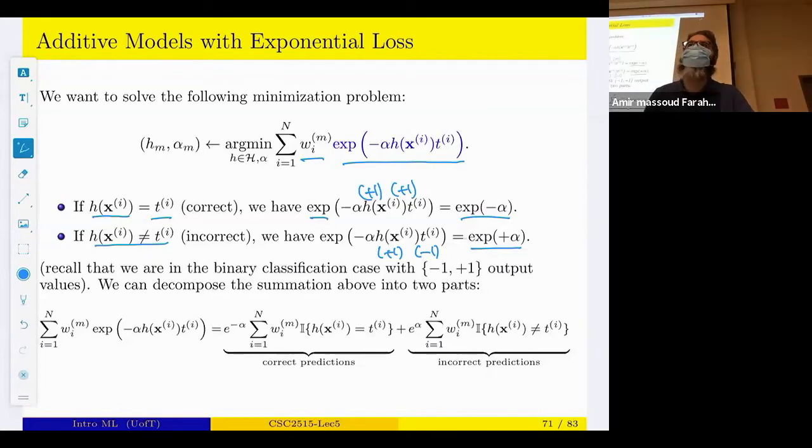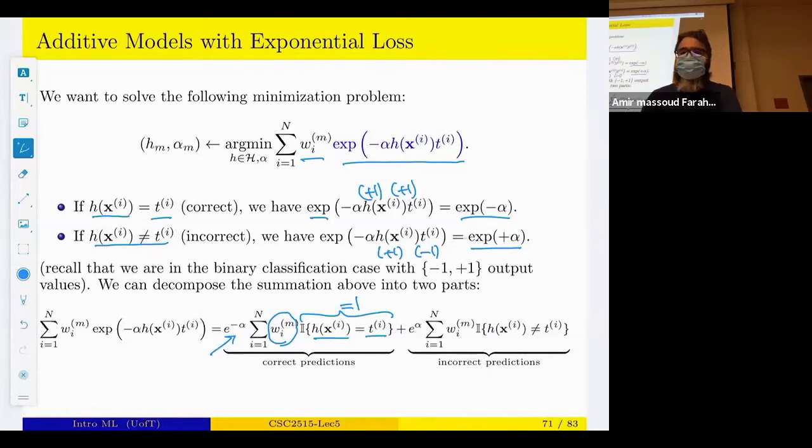So the result is that we can decompose the sum at the top of the page into two parts: the data points that for that particular h we have misclassified and the data points that we have correctly classified. So how can this be written? If it's a correct prediction, so h of x_i is equal to t_i, the indicator would be +1 times w_i^m, and the whole summation is multiplied by e to the power of minus alpha.